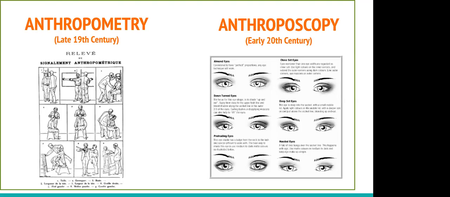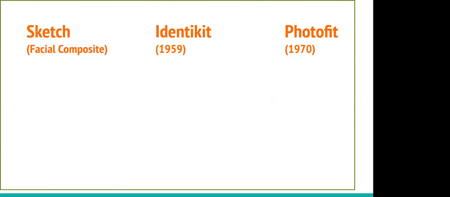Then it's about eyes, whether they are deep-rooted, prominent, protruded, close-set, wide-set, big eyes, small eyes, micro eyes, colored, or brown or black. So every little detail about every single feature of identification comes into anthroposcopy. Your height, your skin color, and your overall stature and build also fall under anthroposcopy.